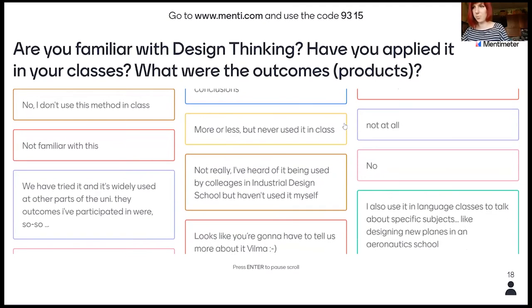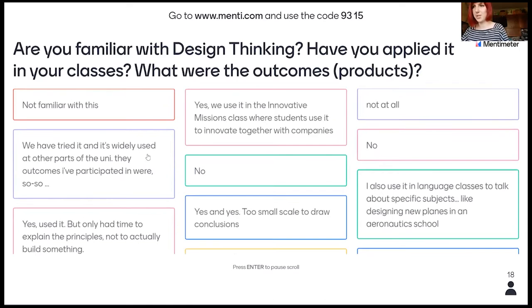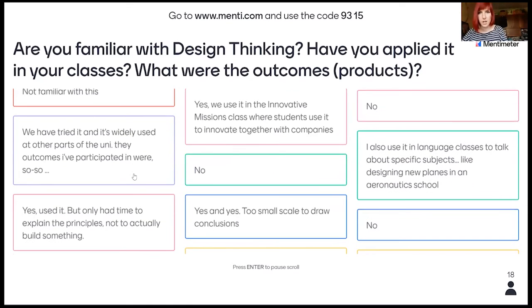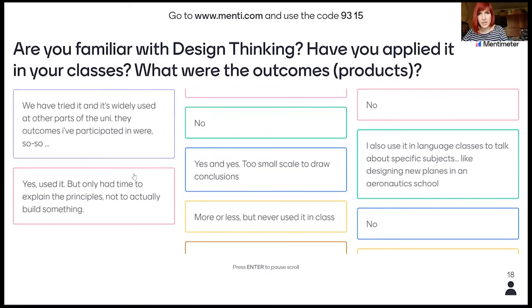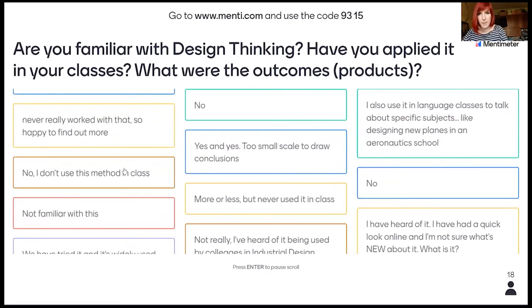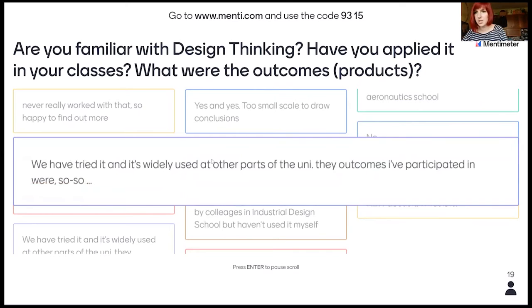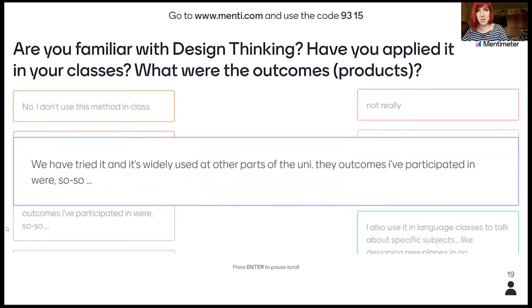It's an interesting approach, I think, to looking at things from a different perspective and being creative. Okay, we have tried it and it's widely used in other parts of the university. The outcomes were so-so. Okay, sorry to hear that.